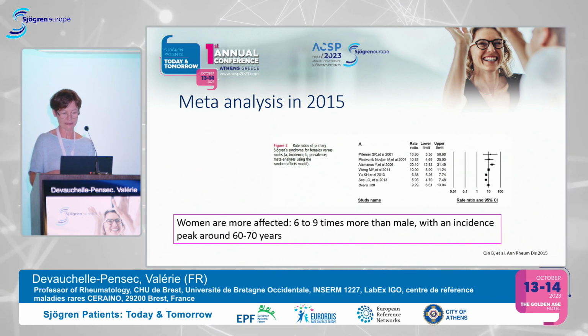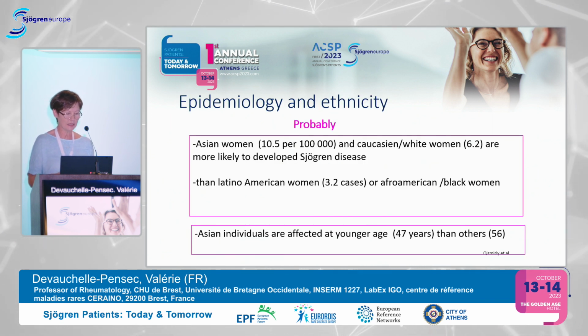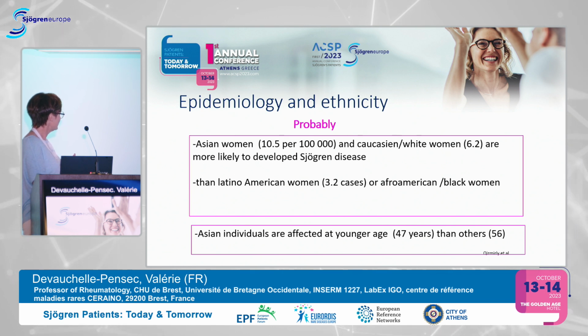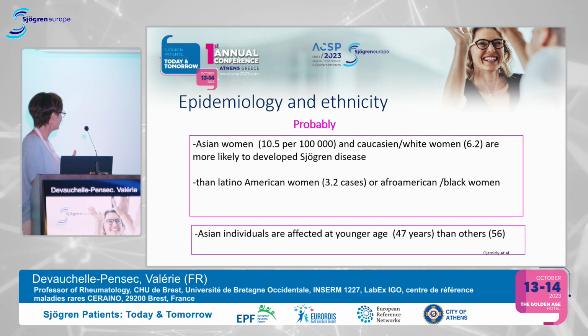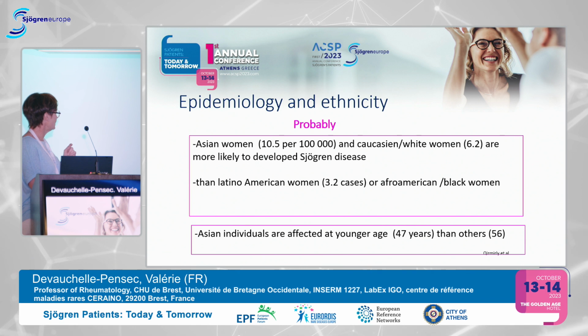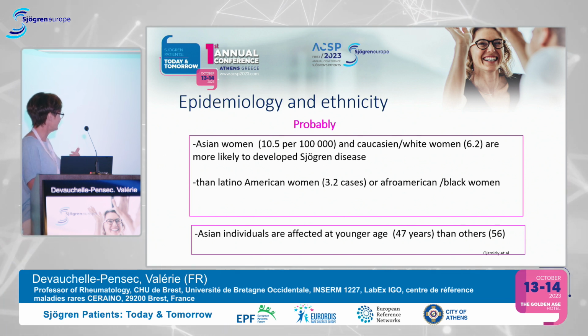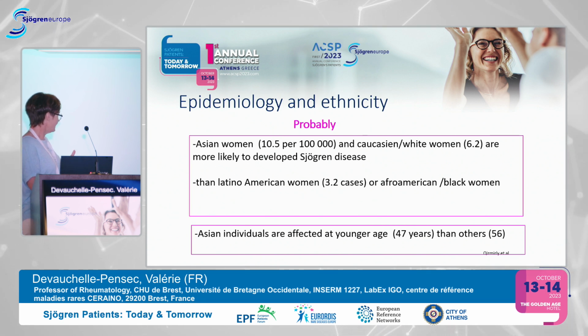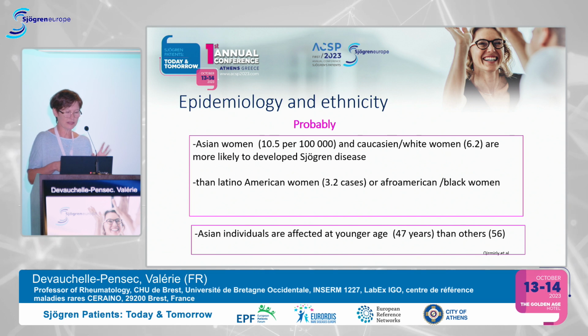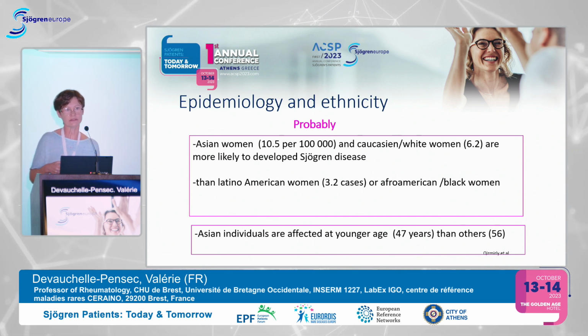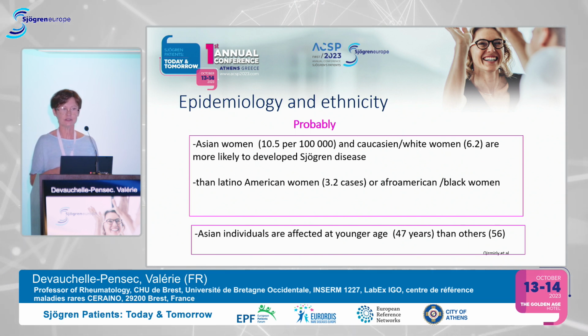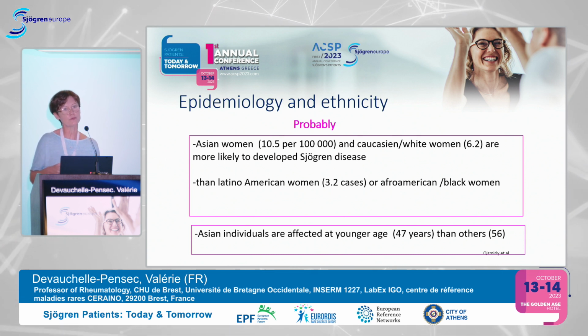They also looked at ethnicity, and I have written probably, because it was considered that Asian women seem to have Sjögren more frequently than European or Caucasian women, and more than Latino American women. But recently, a study was performed in Korea and showed a low prevalence.